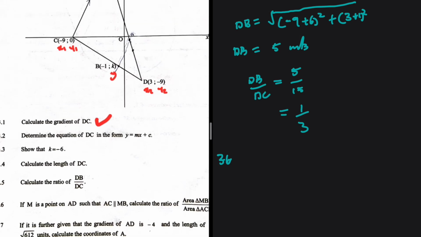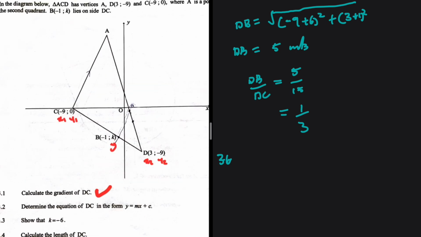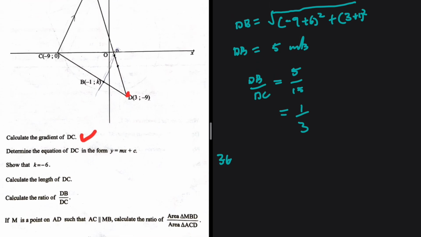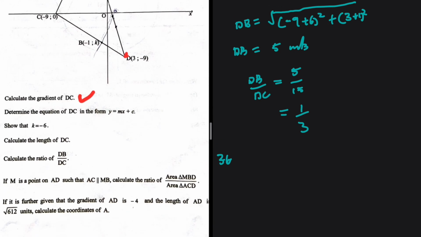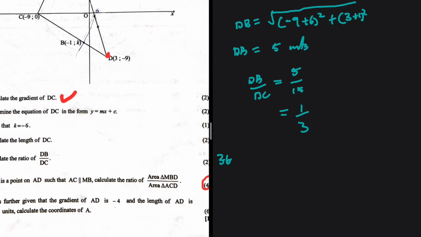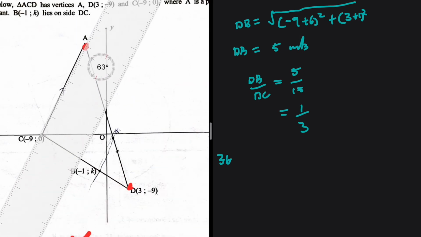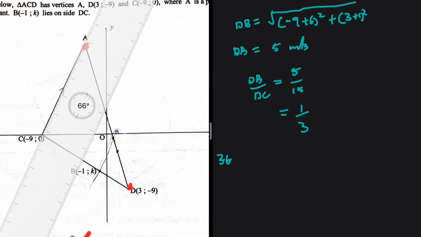If M is a point on AD, okay, so let me just erase some of this junk. M is a point on AD such that AC is parallel to MB. Calculate the ratio of the area of MBD divided by the area of ACD. So, okay, we need some point on AD such that AC and MB are parallel to each other.